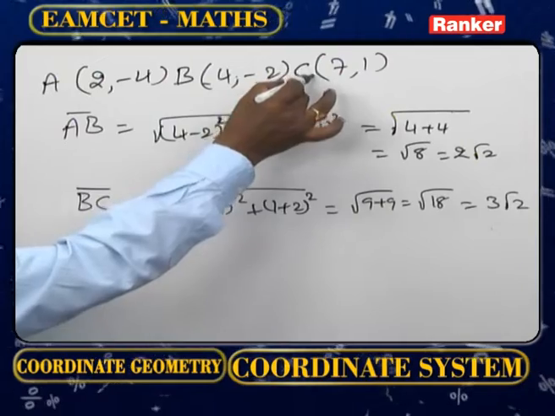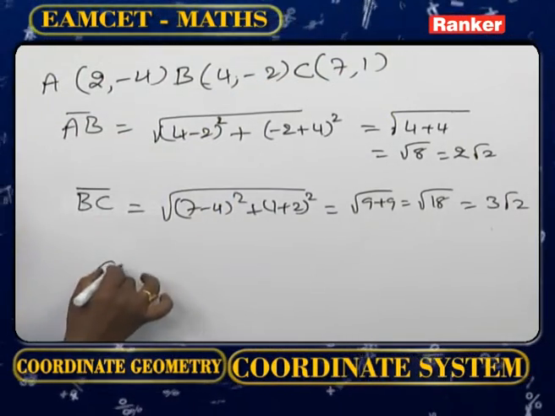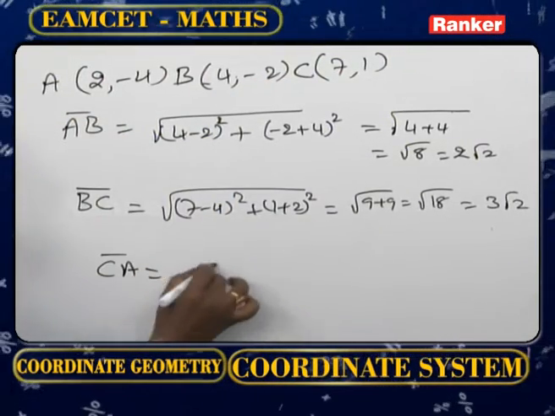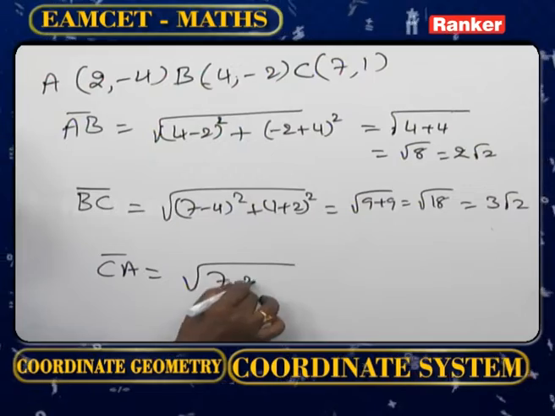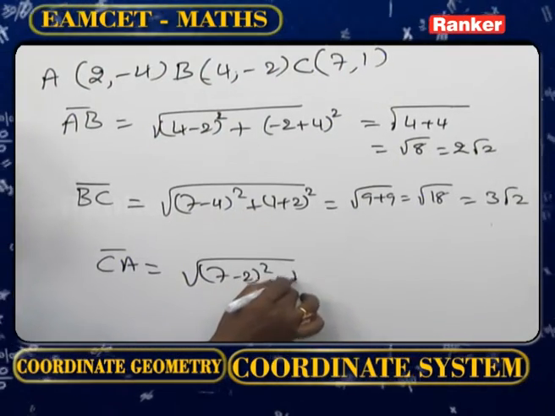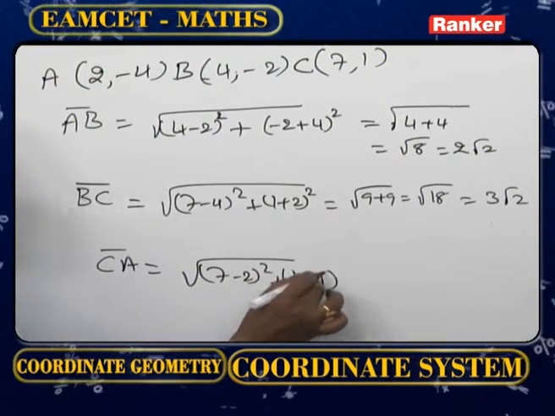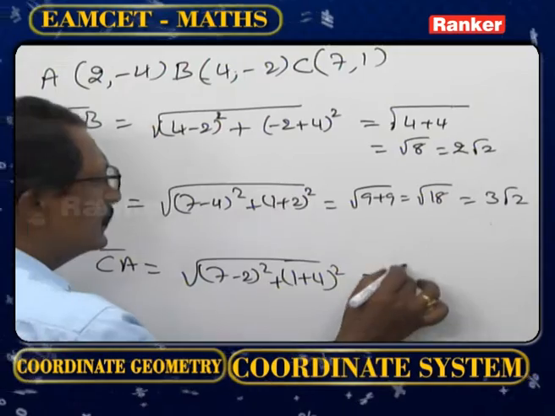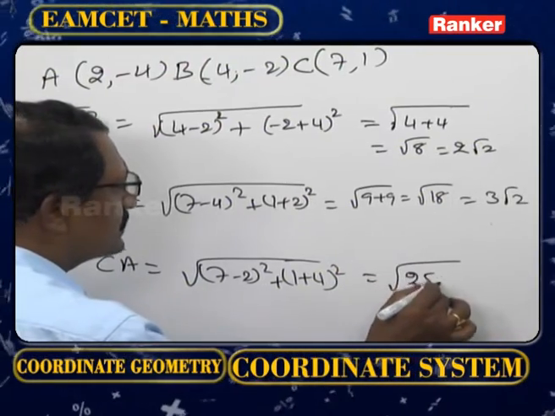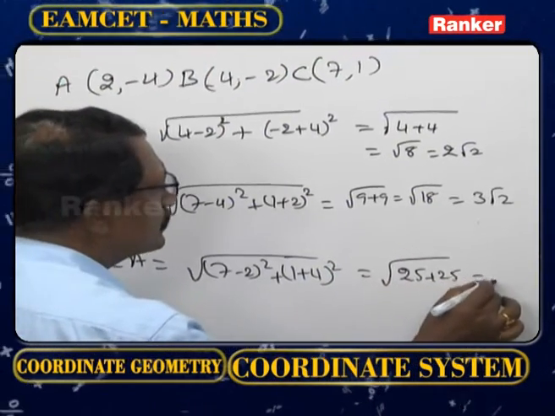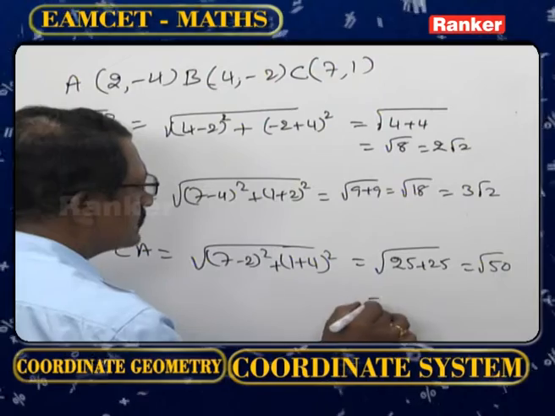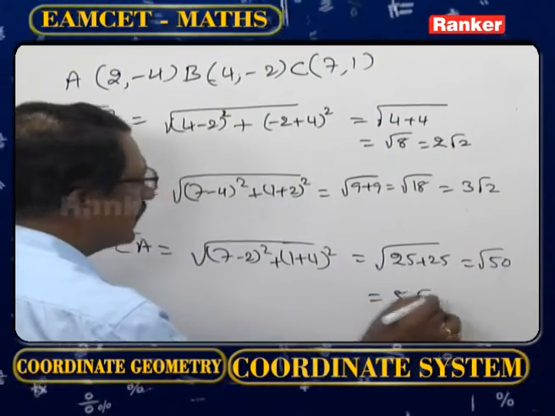Next, the distance between C and A, CA equals square root of 7 minus 2 whole square plus 1 minus of minus 4 whole square, that equals square root of 25 plus 25, root 50, that equals 5 root 2.